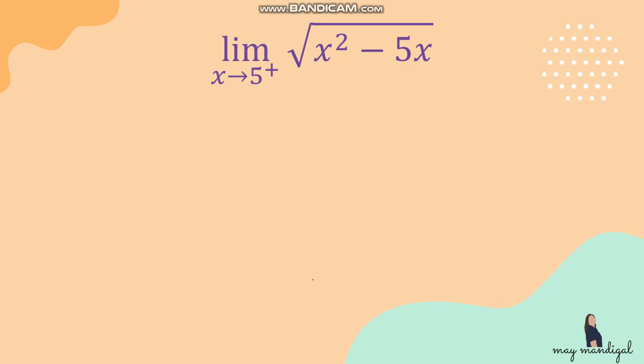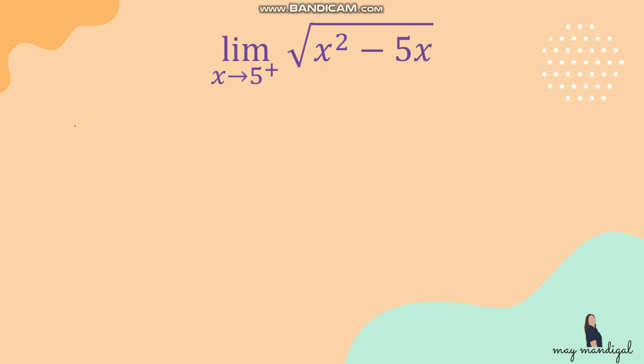But if the given is like this, we have to identify the limit of the square root of x squared minus 5x as x approaches 5. Notice that what we have here is a one-sided limit. We have to get the limit of the function as x approaches 5 from the right. Now, let's say we do direct substitution.